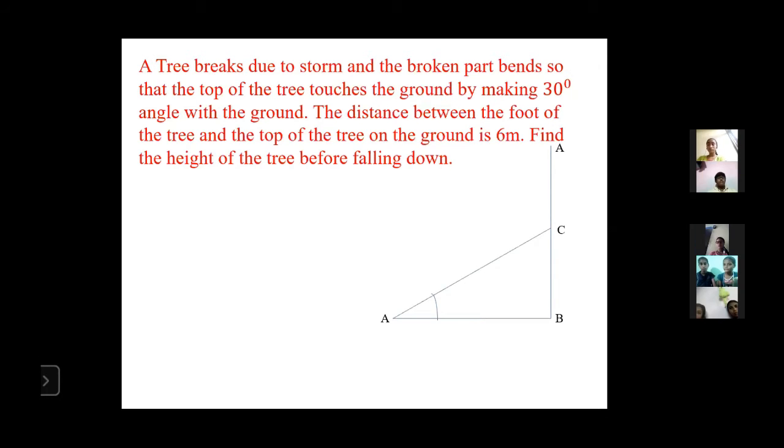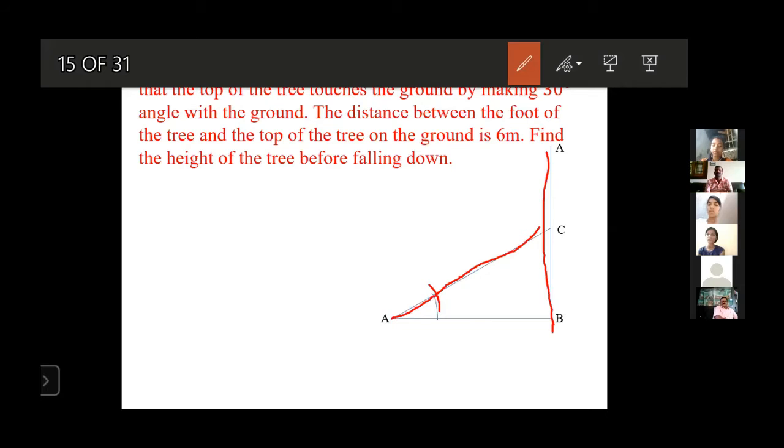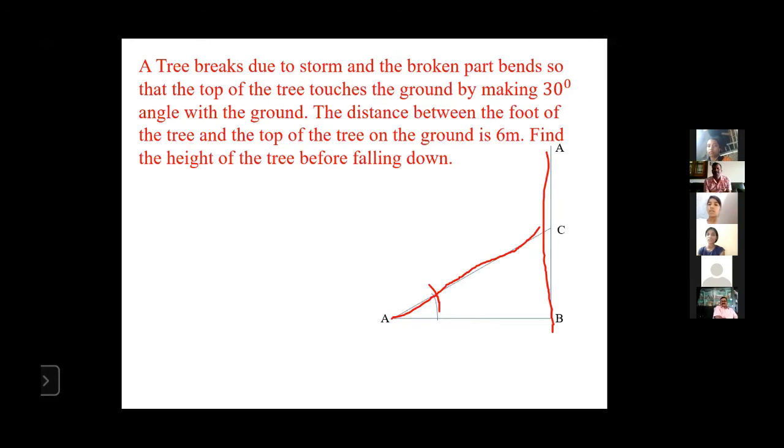See friends, total AB is the height of the tree, but because of the storm, the tree is broken. It is bent like this towards the ground, making an angle of 30 degrees here. The distance between the foot of the tree and the top of the tree on the ground is 6 meters.